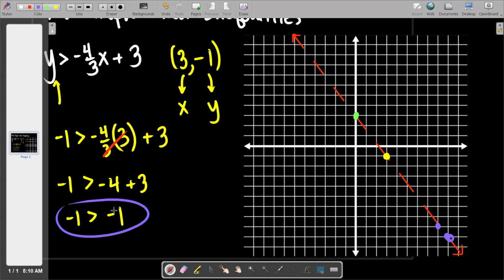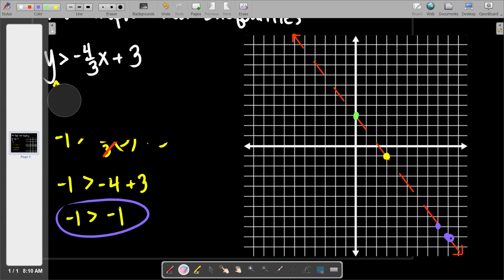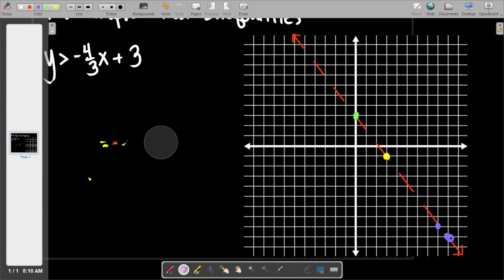So we won't really discuss this at great length anymore after this. That was a couple minutes that I just have to spend to make sure you understand why we do solid and dotted lines. Okay, so if you're looking for something to put in your notes to help you remember so that you don't have to ask this question 40 trillion times, it goes a little something like this. If you have a greater than or equal to, or a less than or equal to, your line that you graph will be solid.